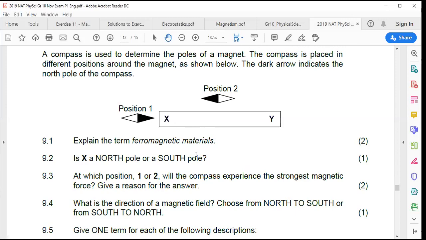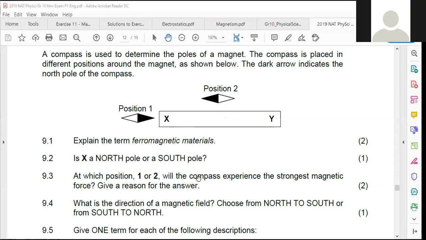Right, 9.2. It says, is X a north pole or a south pole? What would be the answer? South pole. Why is it a south pole?